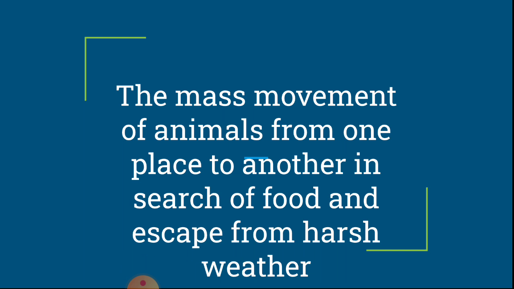So whenever there is bad weather, what will the animals do? Animals will start moving from their place to another place. And also to reach their breeding grounds, where they lay eggs and reproduce the young ones.